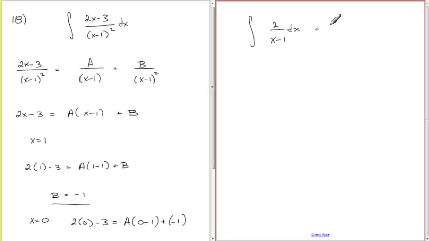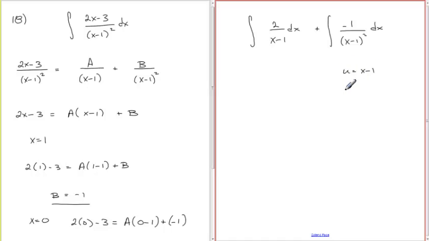Then we have plus the integral of b. b is -1, so we have -1 divided by x minus 1 squared dx. Okay, so this one's going to be the natural log just like it was before. This one, we're going to use the u substitution, and u is just going to be the term in the parentheses.